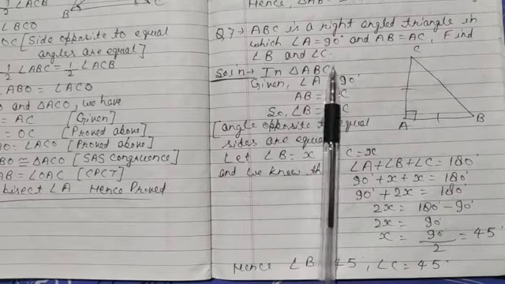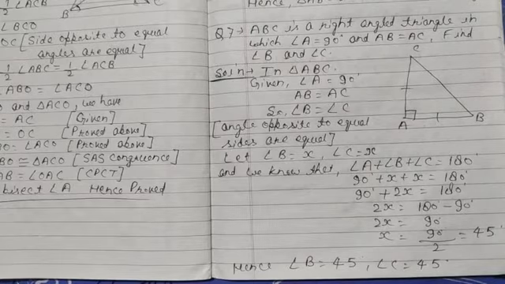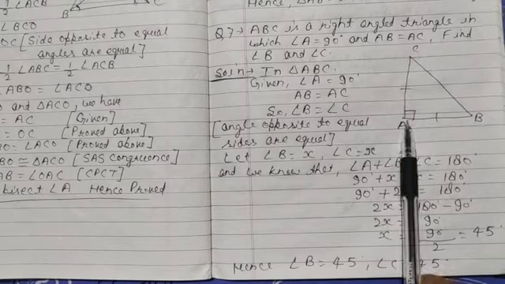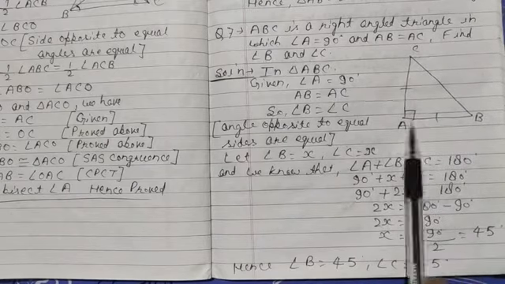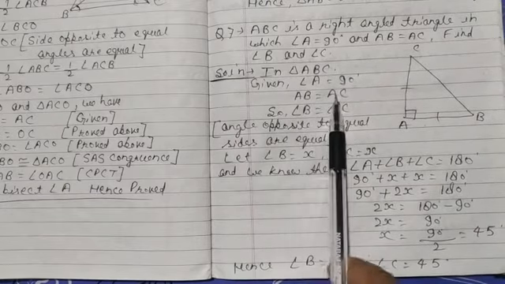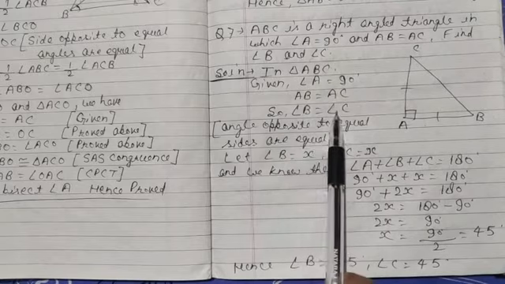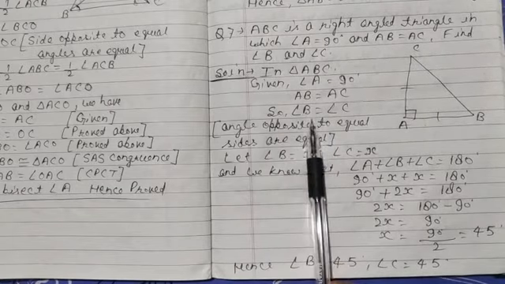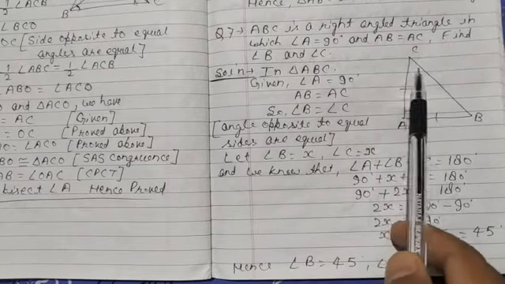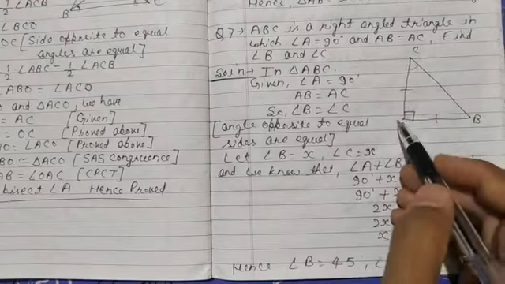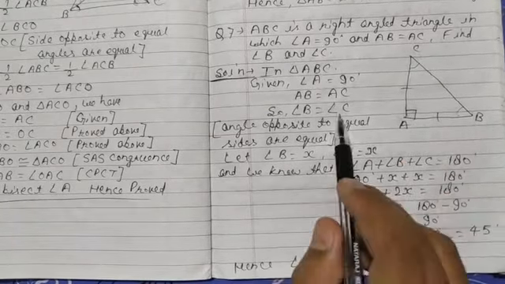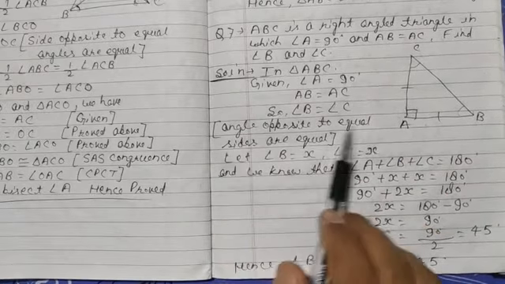Find angle B and angle C. Given that the length of side AB is equal to AC, two sides are equal, so angle B is equal to angle C. The opposite angle of AB is angle C, and the opposite angle of AC is angle B. Reason: angles opposite to equal sides are equal.